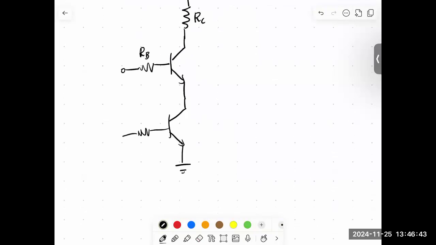We'll add another base, so we'll have another base resistor, and I'm gonna call these inputs A and B, and I'm gonna take my output like we did before over here. So here's V out, and V out is still VCC minus ICRC.